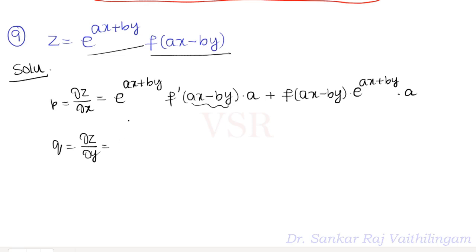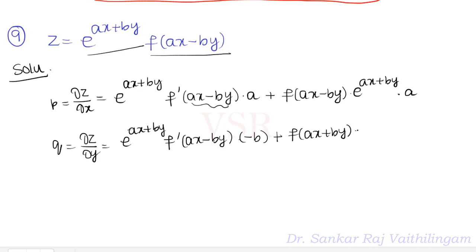This is equal to e to the power ax plus by into, இதை differentiate பண்றேன், f of ax minus by into minus b plus f of ax plus by into e to the power ax plus by into b.